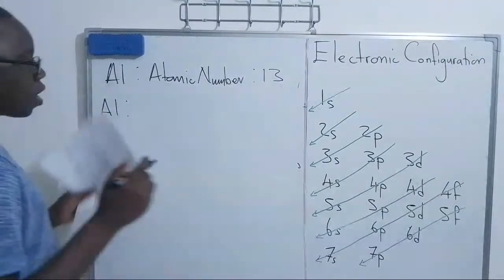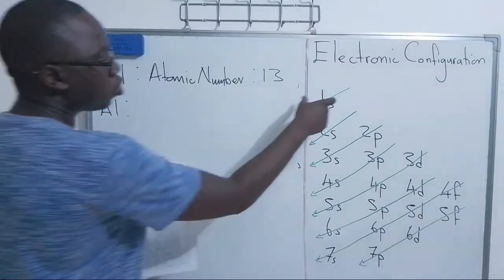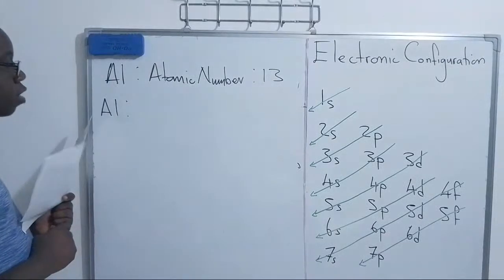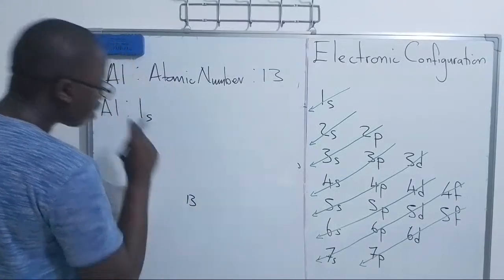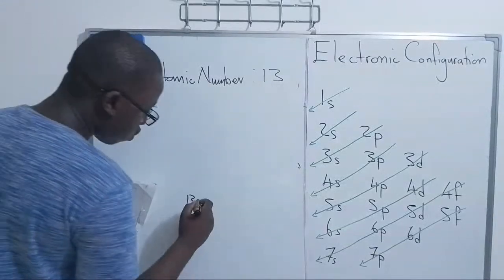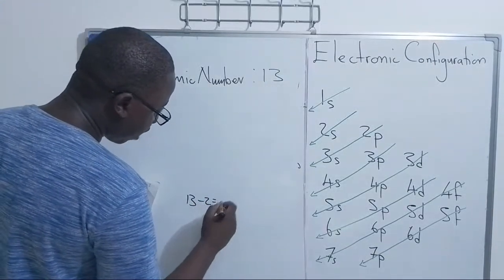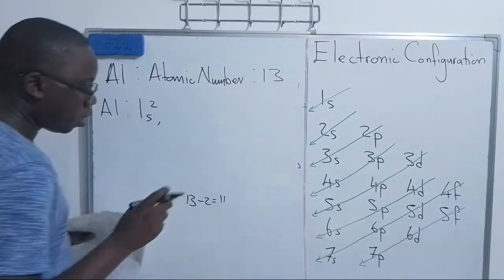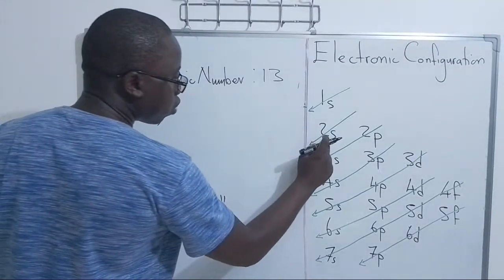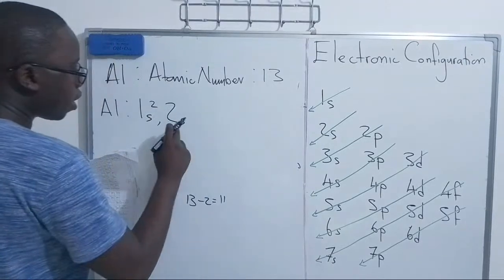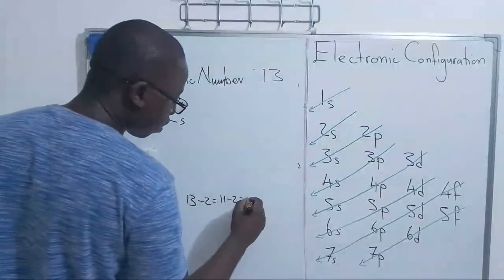Now, remember, the first level we should start with is 1s. So 1s will be the first one. Remember we have 13 electrons, so the s orbital can have a maximum of 2 electrons. So we reduce 13 by 2 and we get 11. Then from there we go to the next level, which is the 2s. 2s, we are remaining with 9.